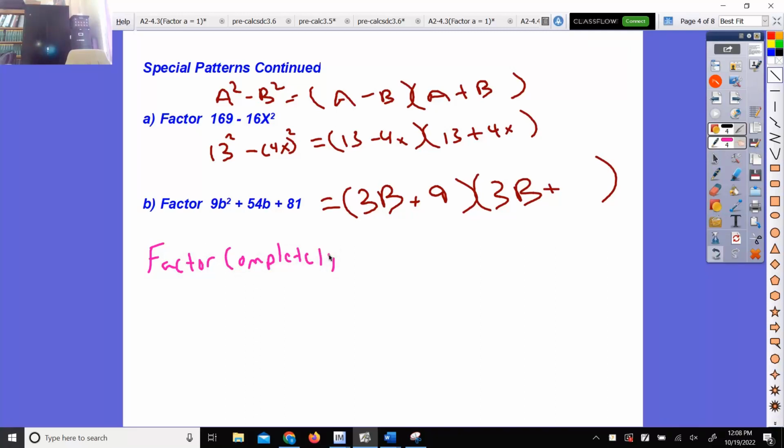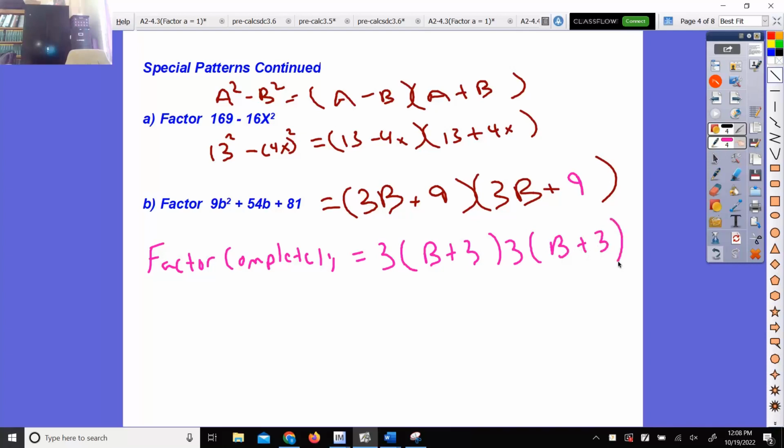3B and 9. Are they divisible by anything? 3. You can pull a 3 from 3B plus 9. If you pull a 3 from 3B plus 9, what's left over? B plus 3. Turns out you can do it again, because this was also 3B plus 9, right? You pull a 3 out of it.